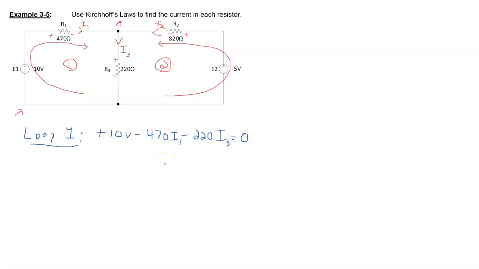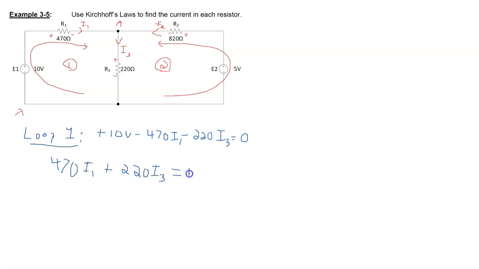Now, we want to do some simplification on that if we can. And so we'll simplify to 470 times I1 plus 220 times I3.